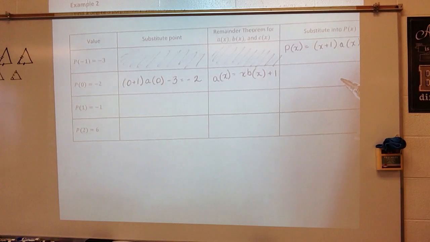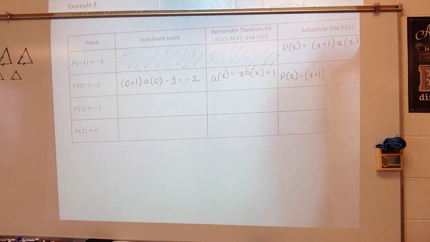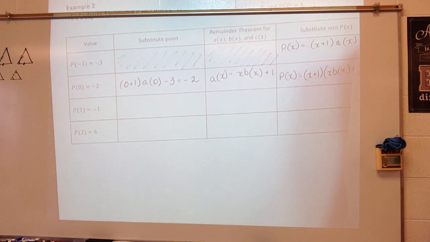Now we're going to look at substituting in for p of x. So I get p of x is equal to x plus 1, and then I've got xb of x, plus 1 minus 3.